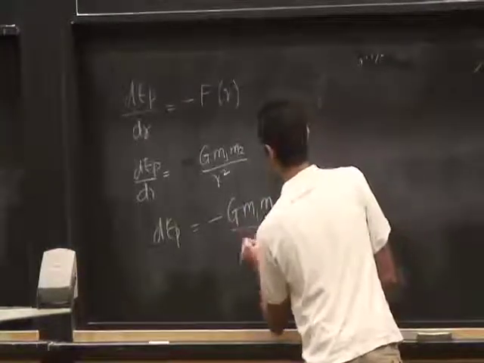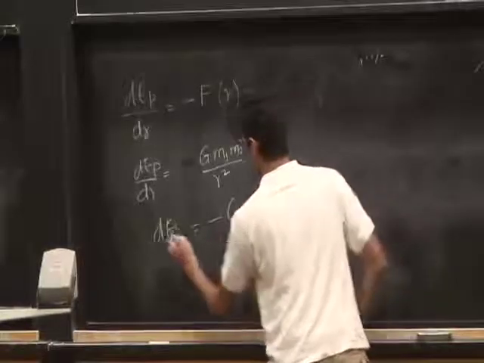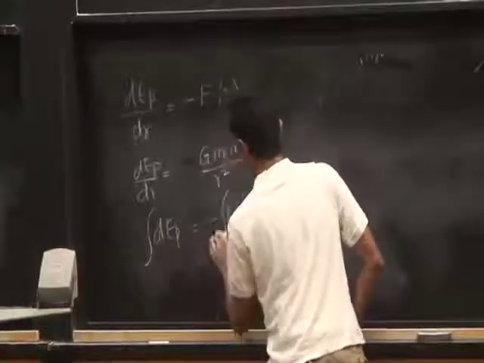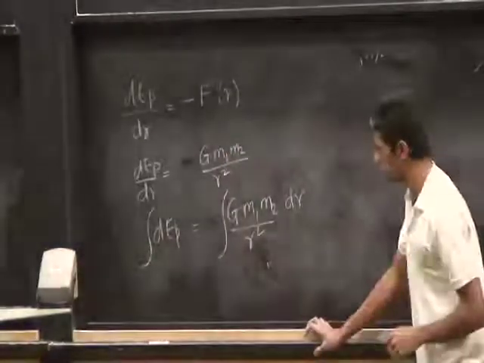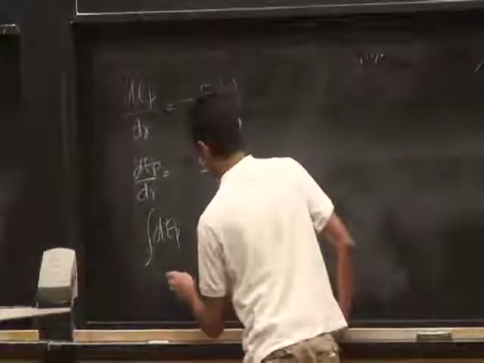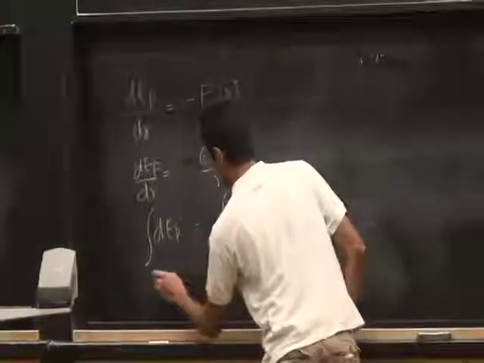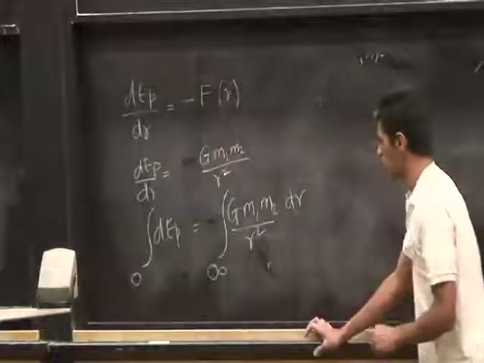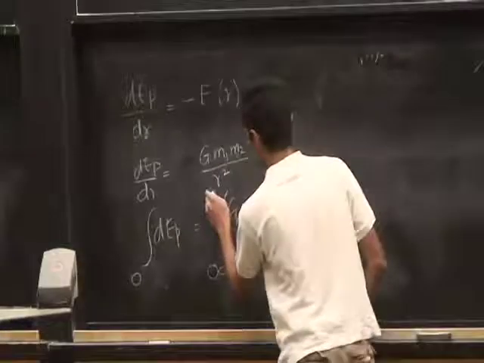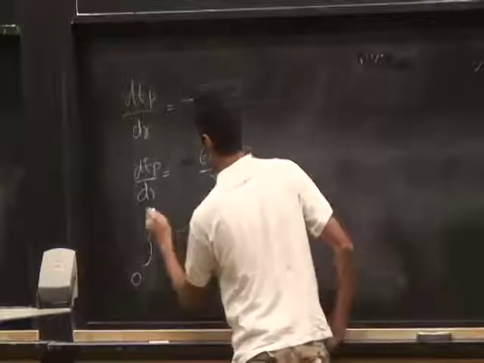So the potential at infinity, let's assume that's equal to 0. And the potential at some distance r is EP.